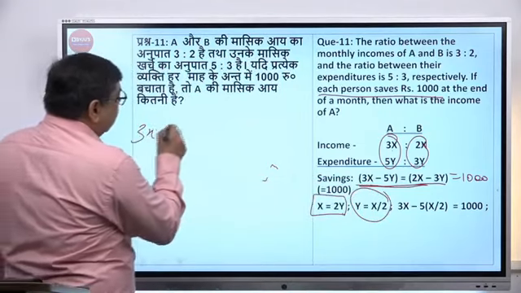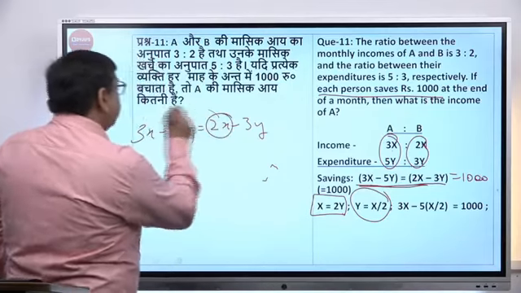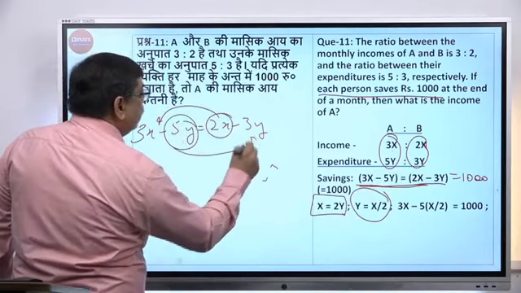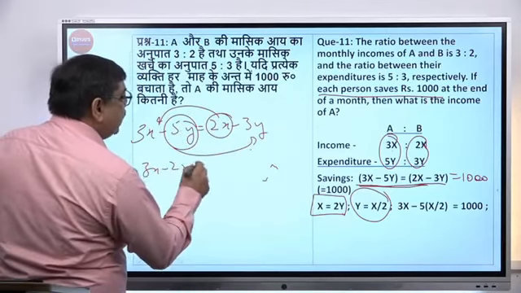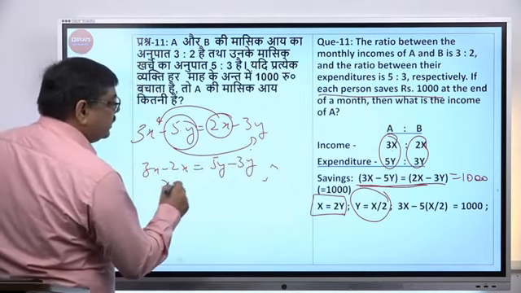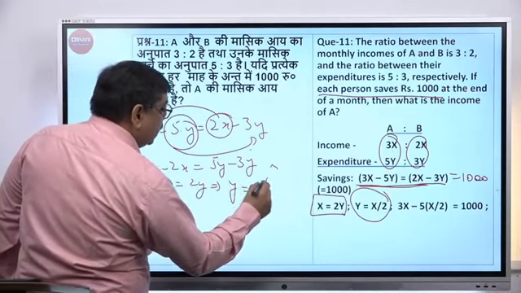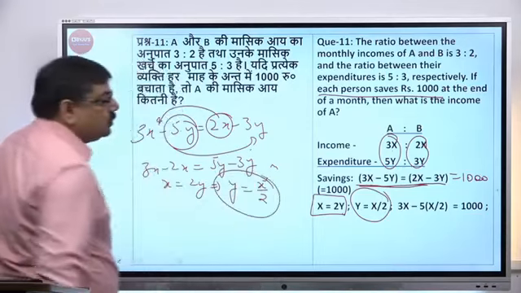See, 3x minus 5y is equal to 2x minus 3y. 2x you take here, minus 5y you take here. So 3x minus 2x is equal to 5y minus 3y. So this should be x is equal to 2y. So this implies y is equal to x by 2.